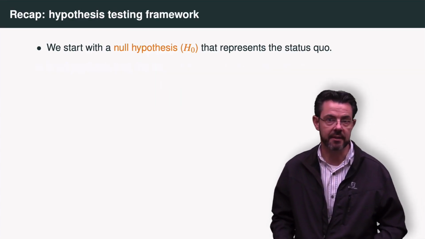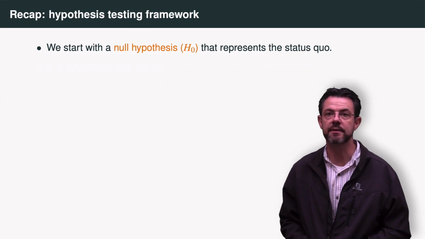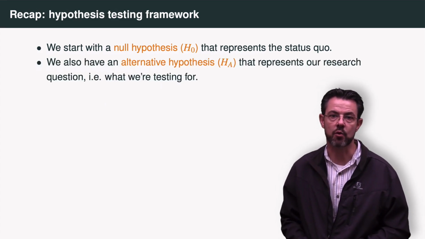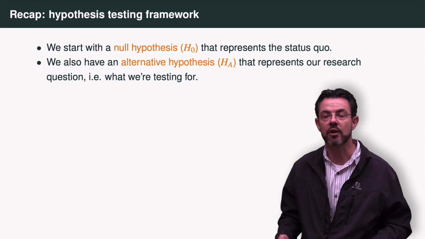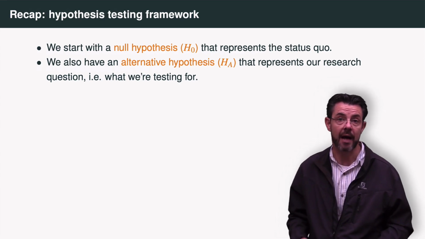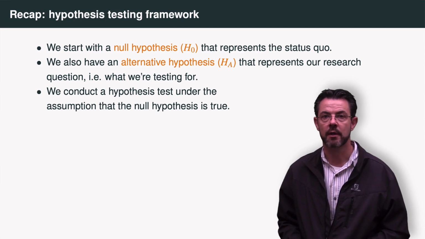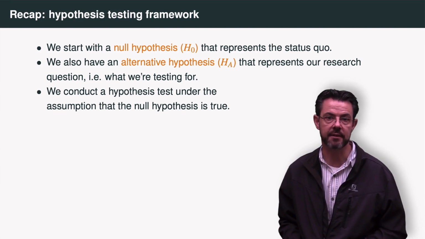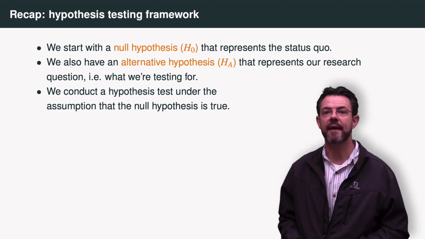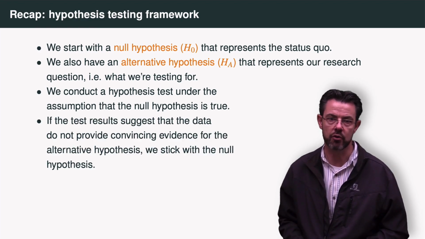We start with stating and expressing our null hypothesis, which represents the status quo. And then we also have an alternative hypothesis that represents our research question, what we're actually trying to test for. So we conduct the hypothesis test under the assumption that the null hypothesis is indeed true.